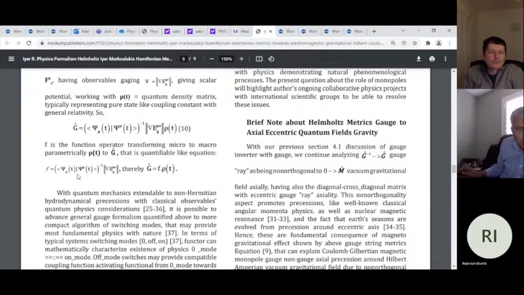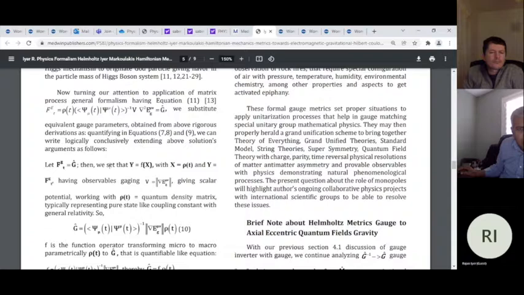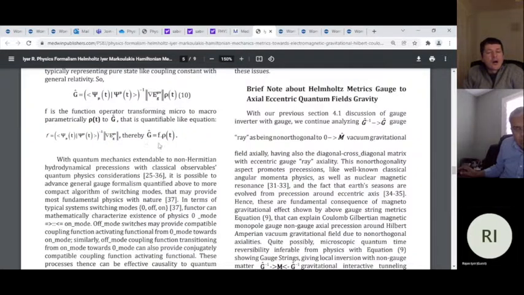And then the G, which is the coupling constant with the quantum density. So we get the matrix G, which is the Coulomb matrix, the Coulomb gauge G.